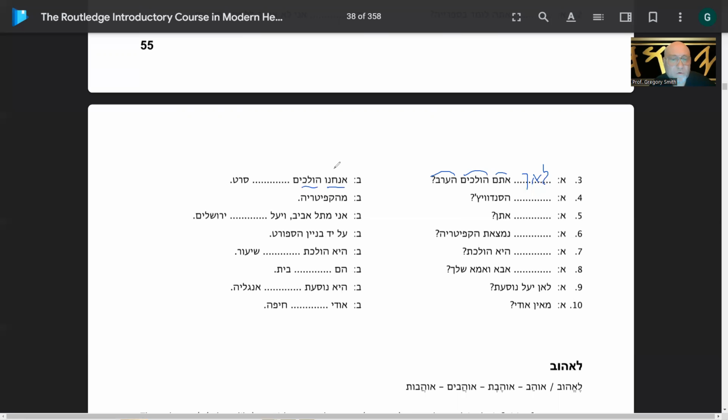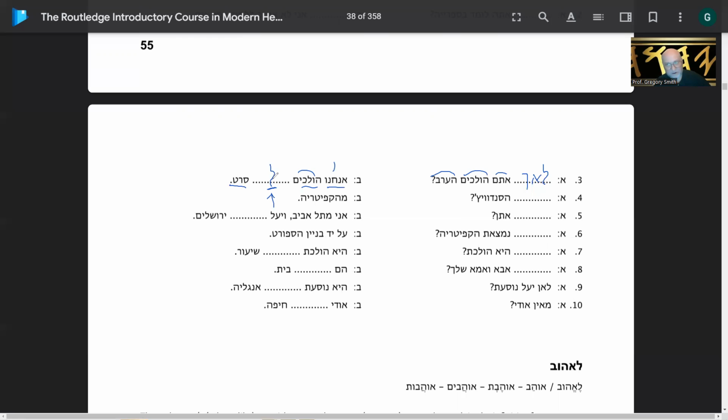Anachnu holechim, so we are going blank. And we need to say to the seret, which is movie. So I know just off the top of my head, it's going to be this one. There would be like a patach under there, but you're not going to see that in modern Hebrew. It's just going to be laseret, to the movie.